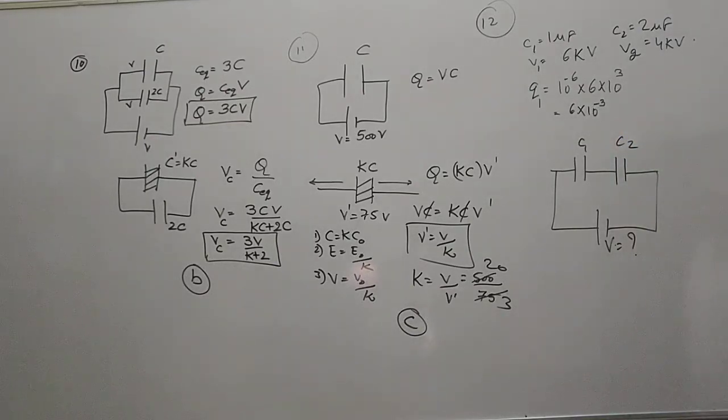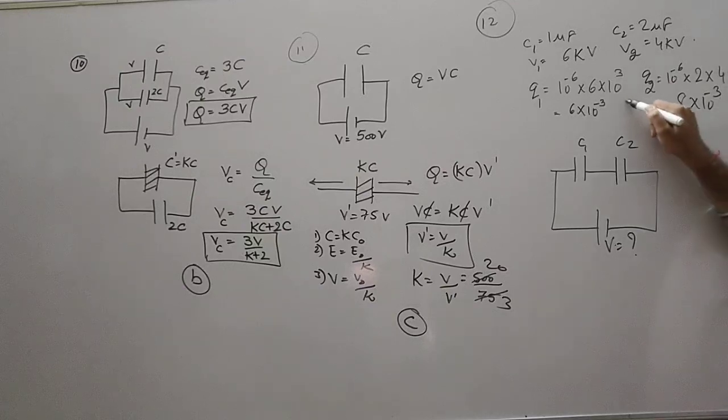This much charge the capacitor C1 can withstand. Q2 is equal to again 10 raised to minus 6 into 2 into 4 into 10 raised to 3, that is 8 into 10 raised to minus 3 coulomb. So it can stand this many coulombs of charge.